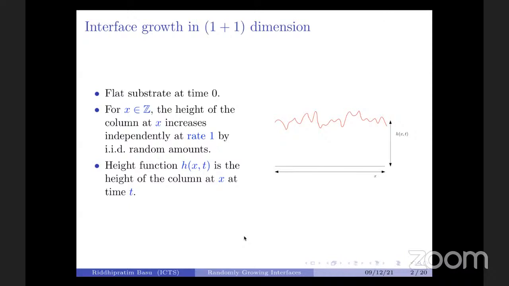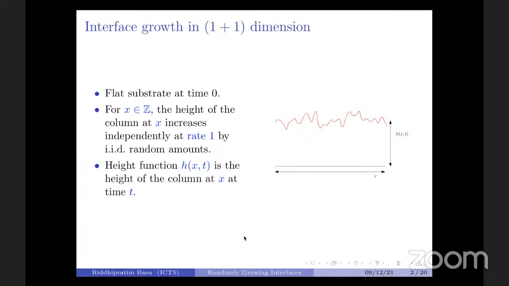So the interface that we are considering is indexed by one space dimension. Typically, it will be the one-dimensional Euclidean lattice, that is Z. And at each location of Z, there will be a height function. So at each time t, each column will have a particular height, which we denote by h(x,t).